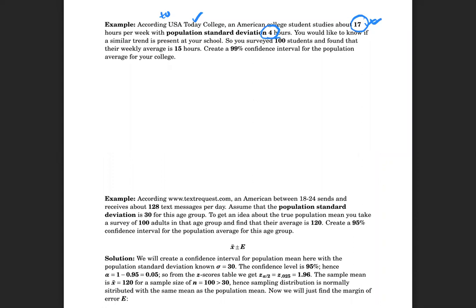You'd like to know if a similar trend is present at your school. So you surveyed 100 students and found that their weekly average is 15 hours. So at your college, you surveyed 100 people and found that their weekly average is 15 hours.